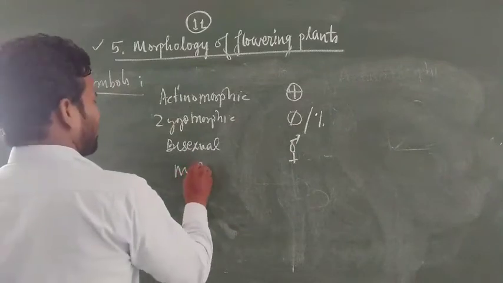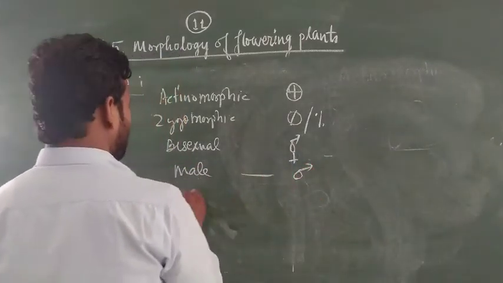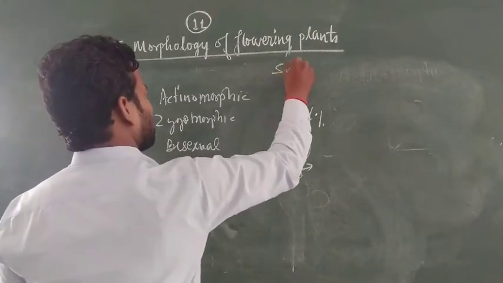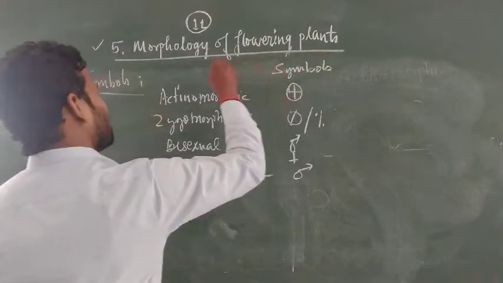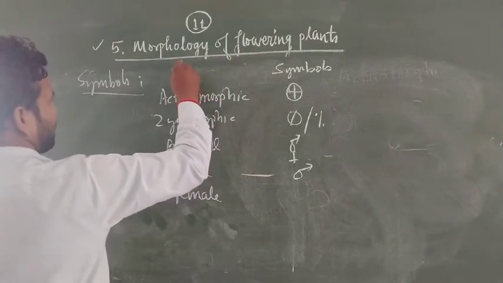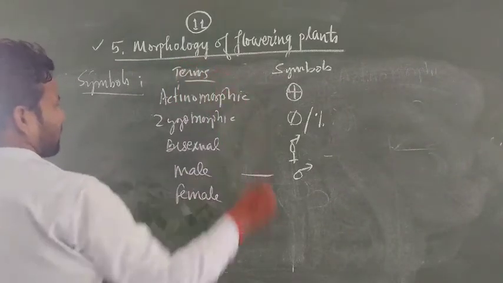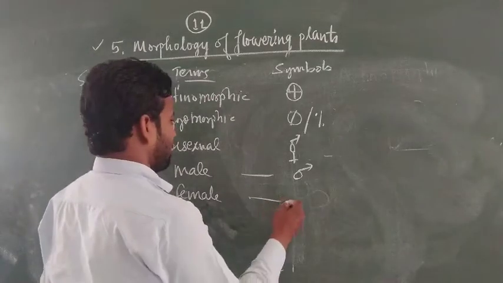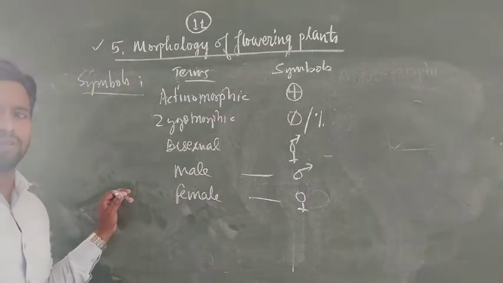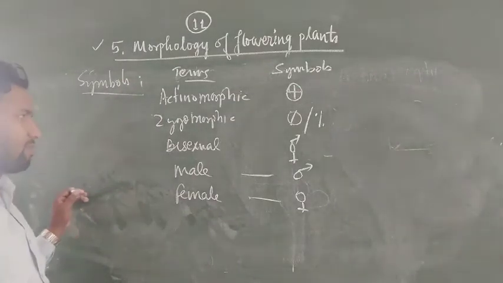Suppose the flower is male, it is represented by this diagram. These are all symbols, and this is the terminology. And this one is female. All these symbols are used at the time of floral formula formation of a particular plant of a family.